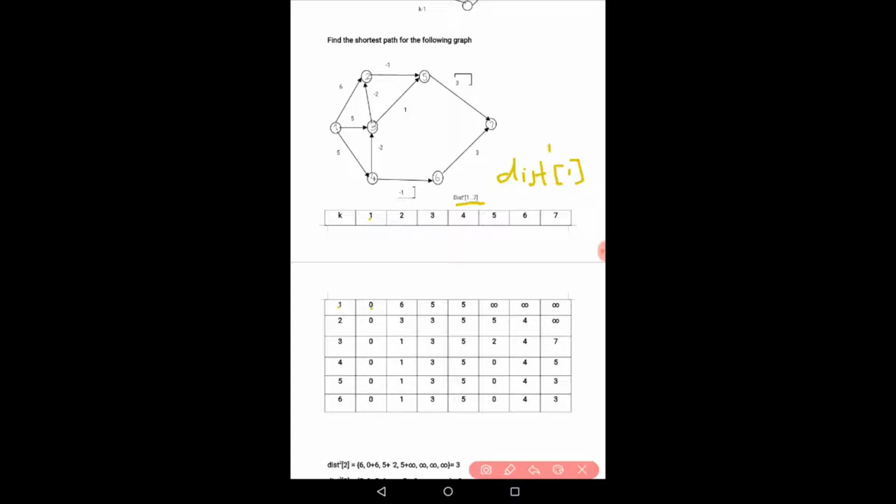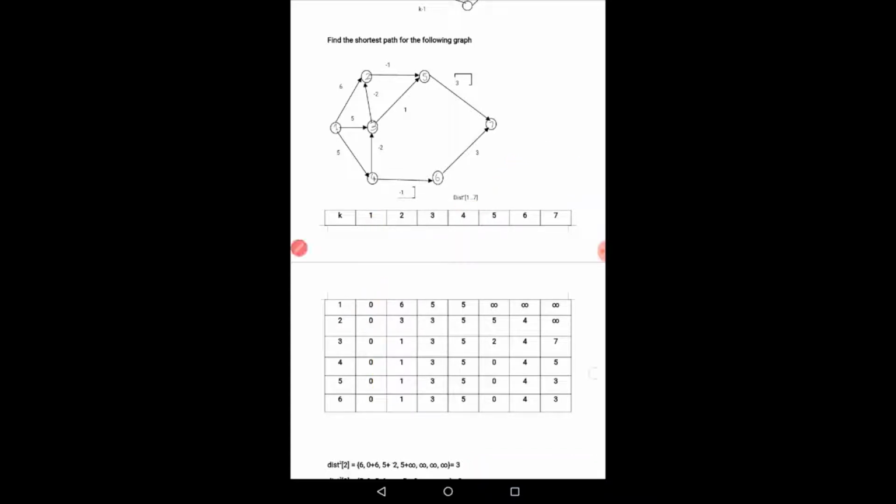What is the meaning? It is the distance from the source to node 1 using only one edge. The second row, first element, is the distance to node 1 using 2 edges. Whatever the number of edges, the distance to the first node is always 0 because it is the source node. So the first column, the source column, we fill with 0.